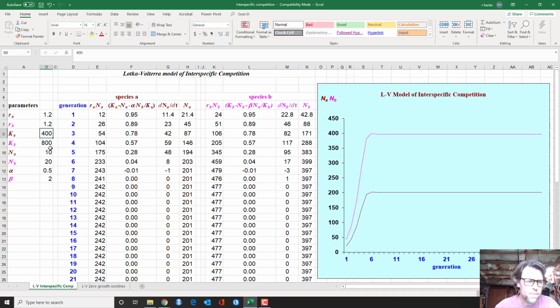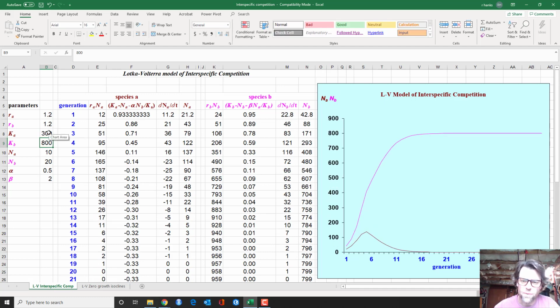And then carrying capacity. If we change our carrying capacity from 400 to, let's say, 300, you can see that we end up with this really strange looking graph where the population of species B reaches its carrying capacity, while after some period of time, species A decreases eventually to 0.